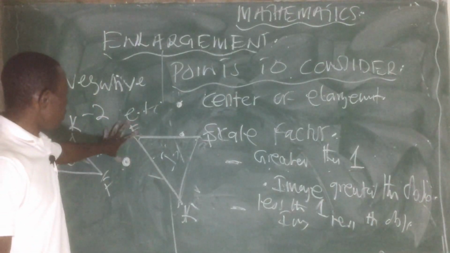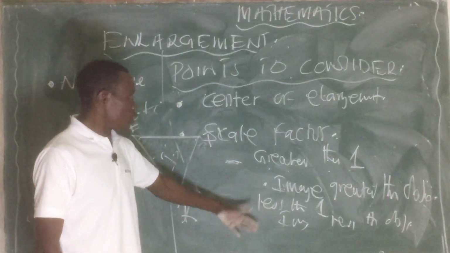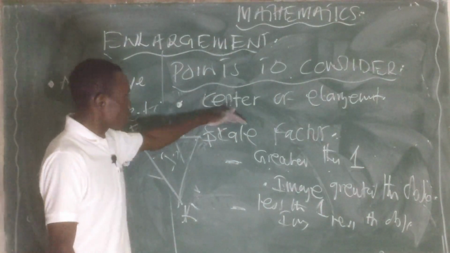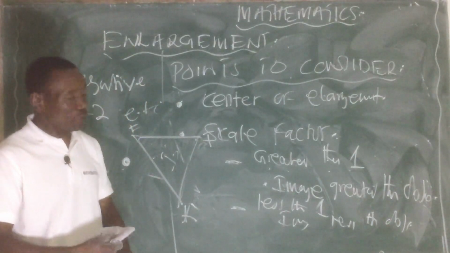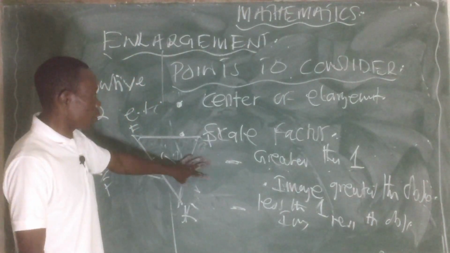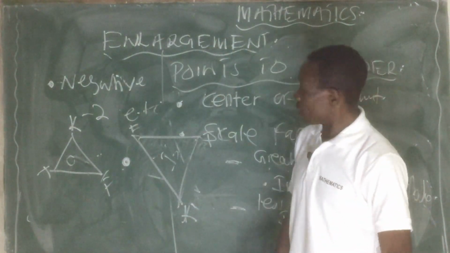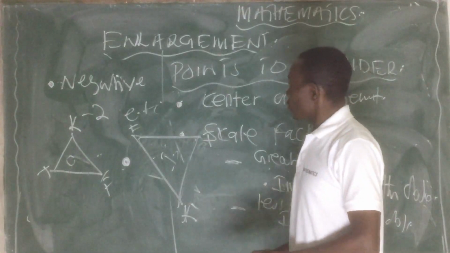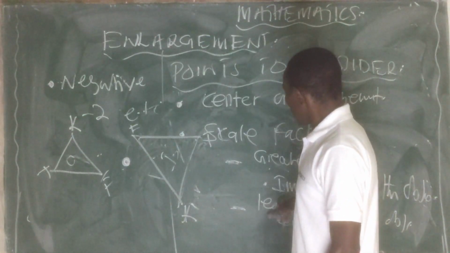So please, students, try to first of all get to know what is to be considered in the enlargement process and what your expectations are, not only say this is the way we do. Mathematics doesn't go by that. Try to understand your expectations and why things are done that way. So please take note of the points, very important.